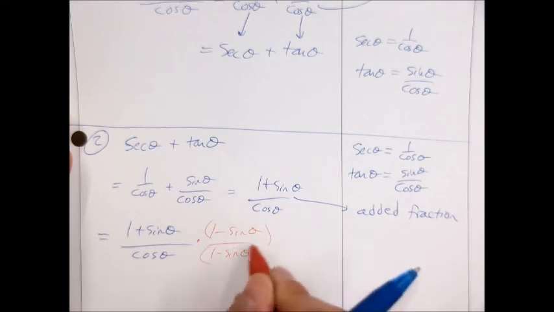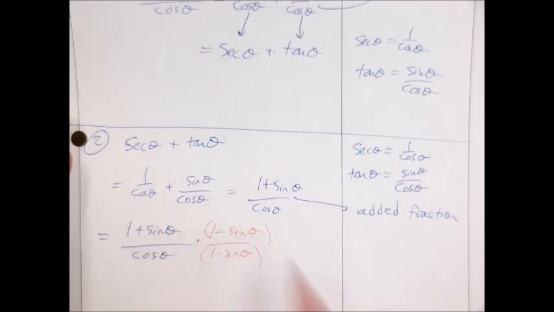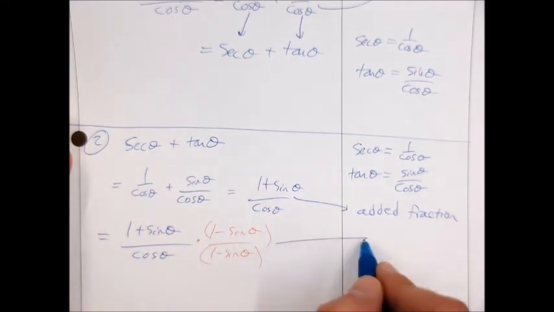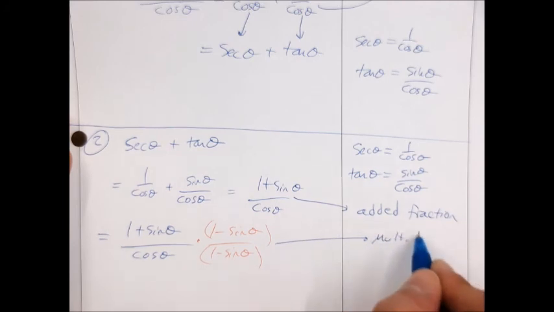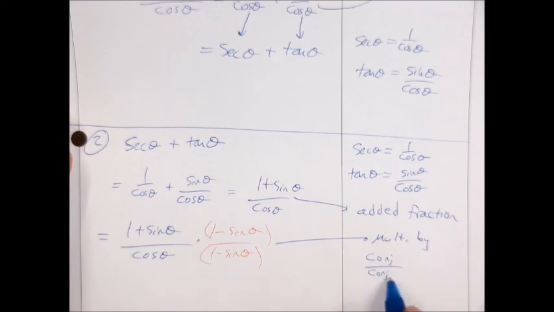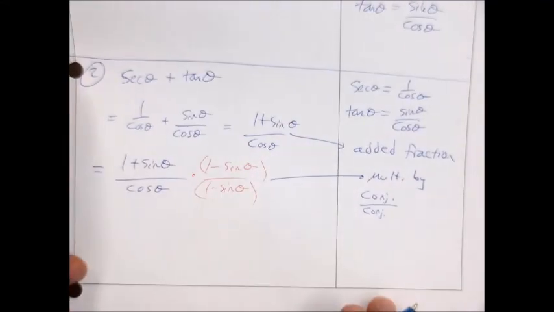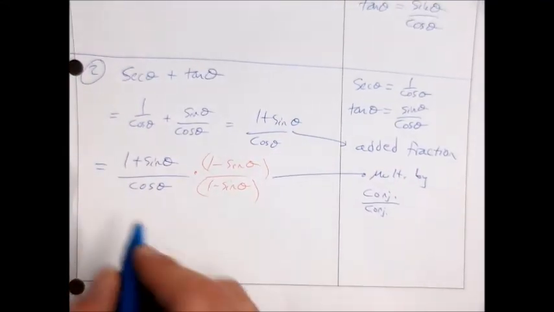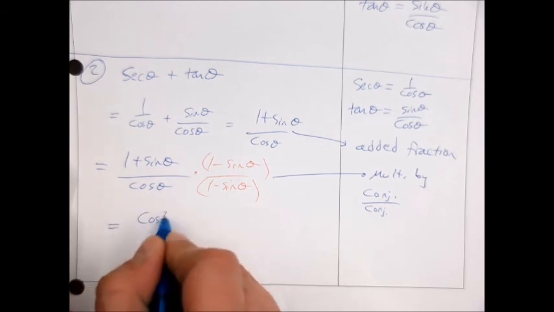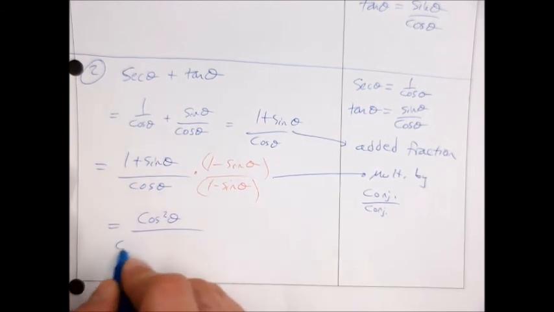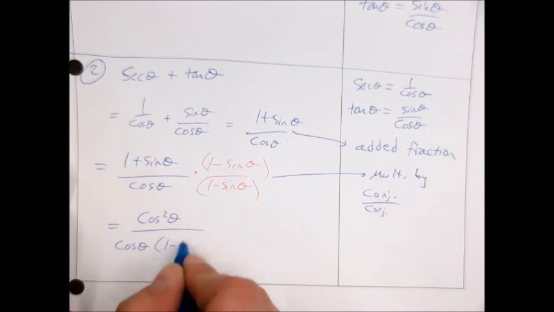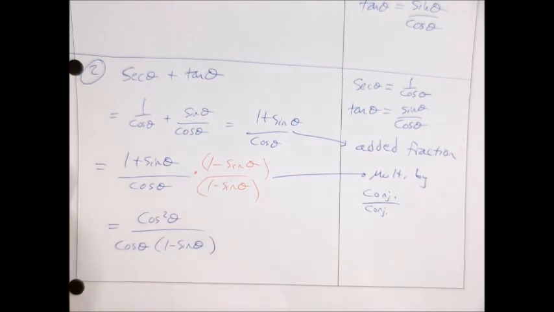Right, when we do that, it helps us realize that the numerator becomes cosine squared. So let me just be clear here. This is multiplying by the conjugate over the conjugate. And the numerator we know will simplify into cosine squared. And the denominator we leave alone. And so how did I know not to FOIL that denominator out?